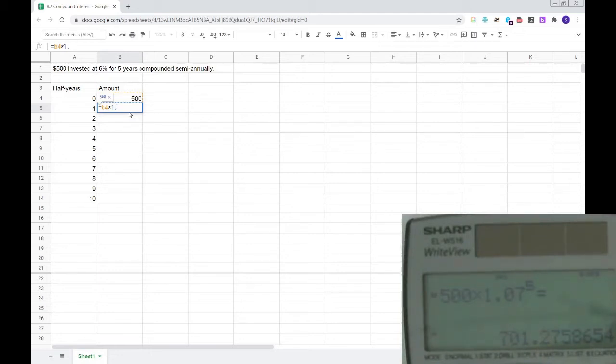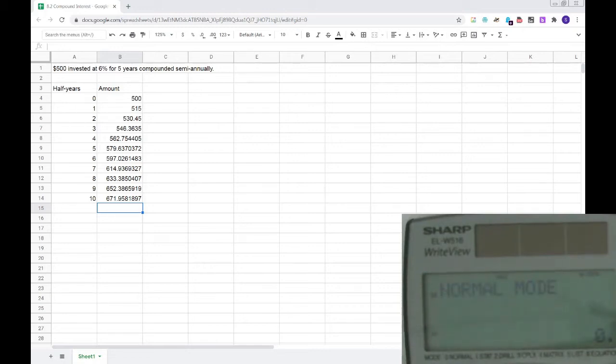We're actually going to get half of that. So once again, we repeat the pattern using the spreadsheet and calculate the final amount.